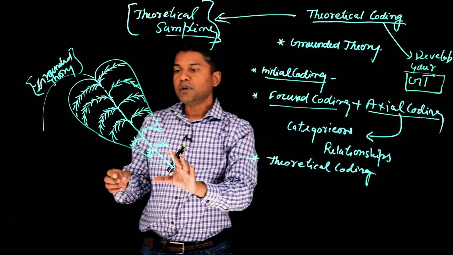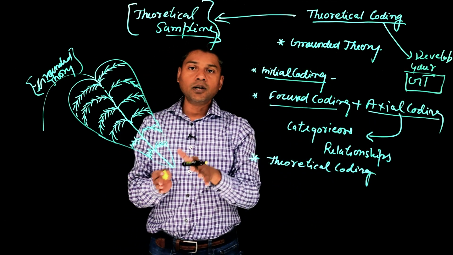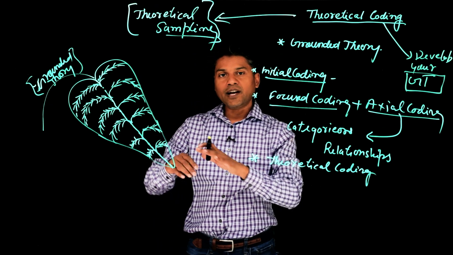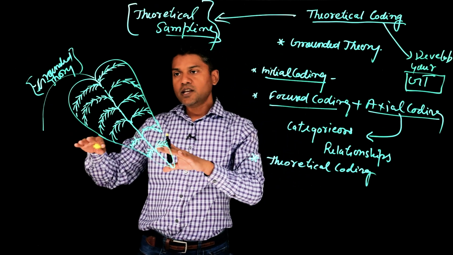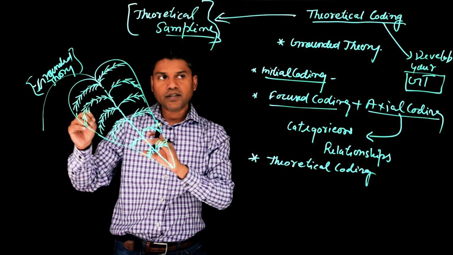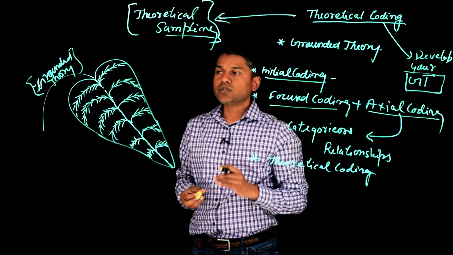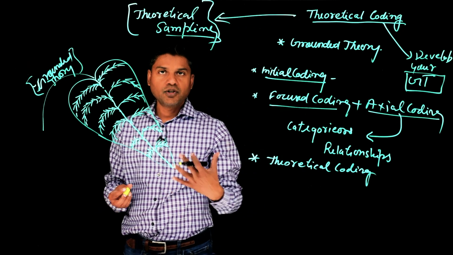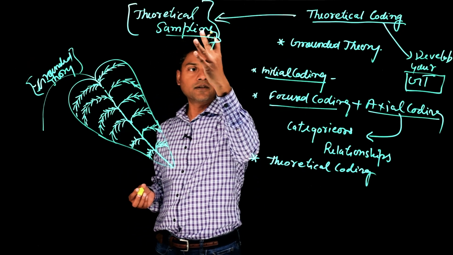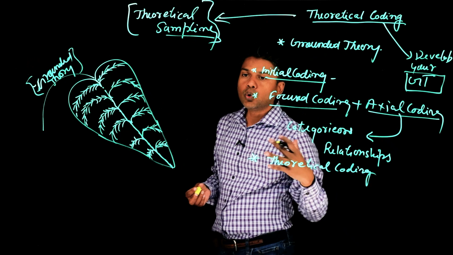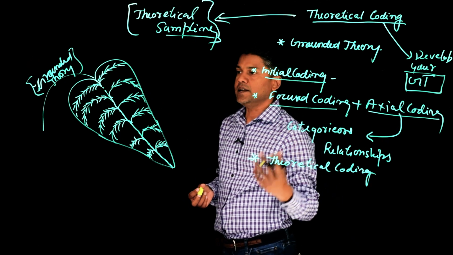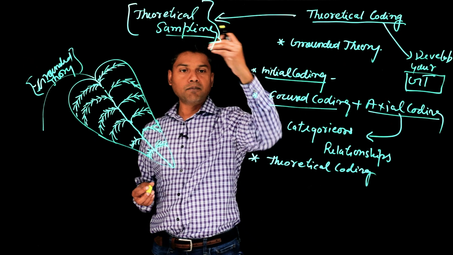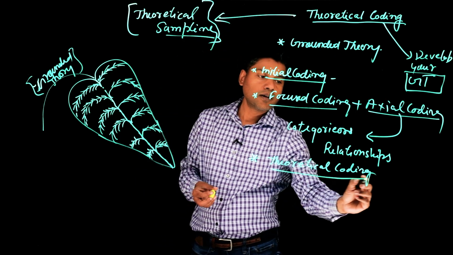Theoretical sampling is sampling done in the later part of the research or data collection, where you have your tentative theory emerging with all its categories, and to develop and refine those categories and your theory even further, you recruit participants. That's theoretical sampling. Then you do the coding of that extended data, the new data you are collecting as part of theoretical sampling, and that is called theoretical coding.